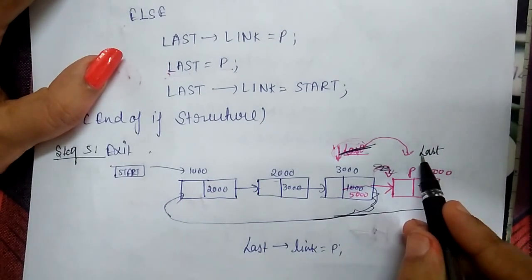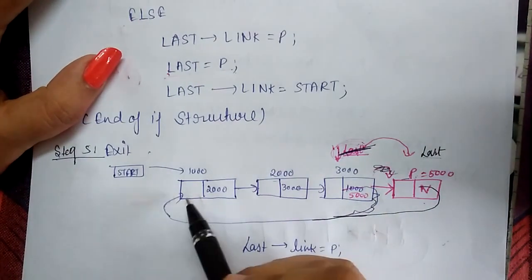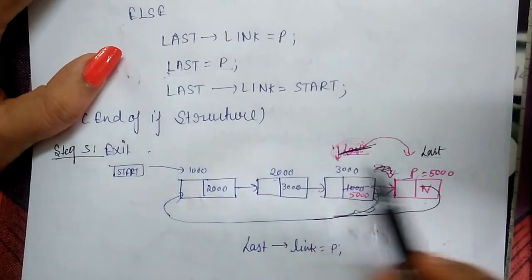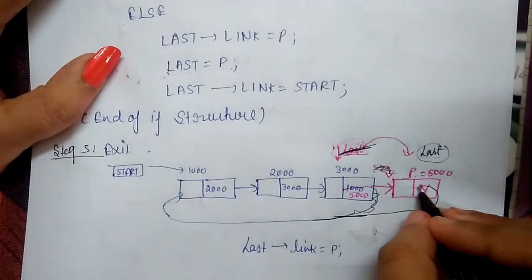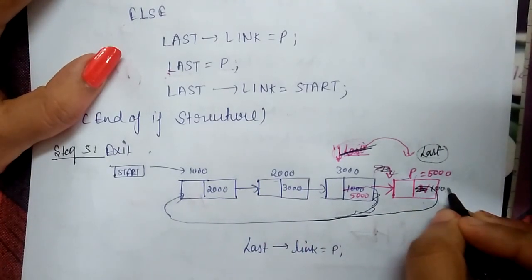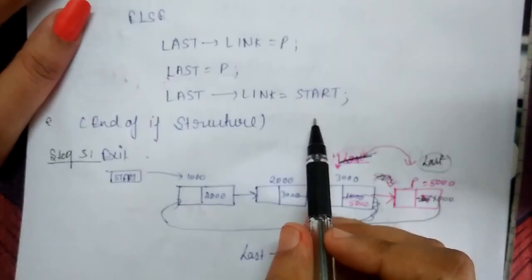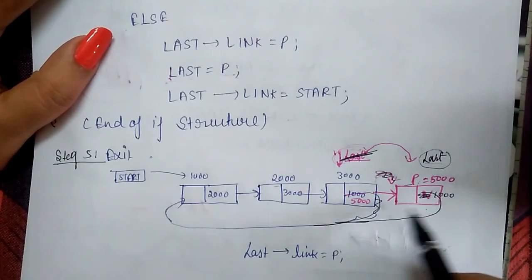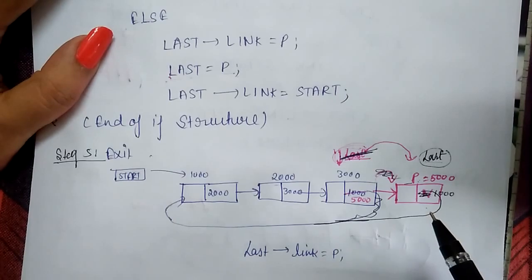Either you can write P link is equal to start, or you can write last link is equal to start. This is the last node, and now the last link will contain the address of the starting node, 1000, instead of null. So this is the way by which we can insert a node at the end in the circular linked list.